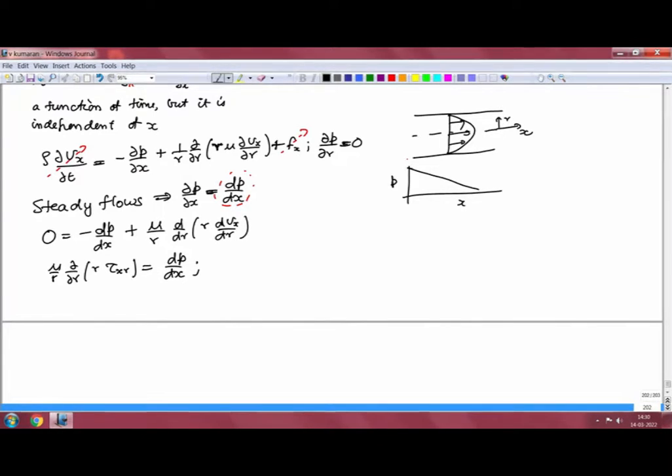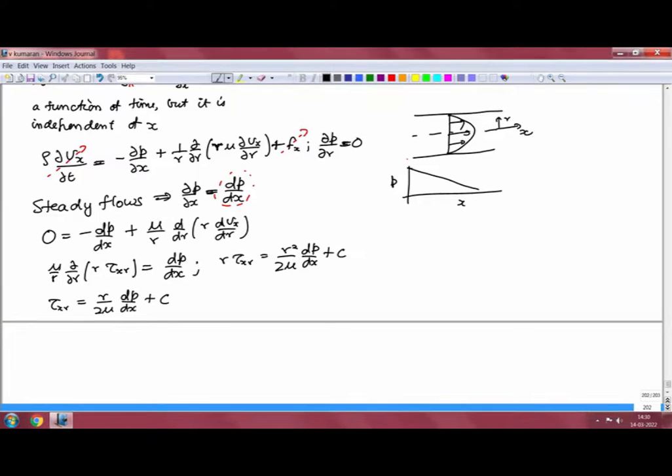I can integrate this once to get r tau x r is equal to r square by 2 mu dp by dx plus some constant. I just multiply throughout by r by mu and integrate once, and I will get tau x r is equal to r by 2 mu dp by dx plus a constant of integration.